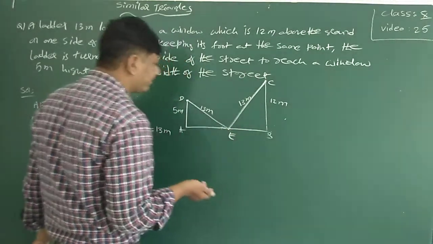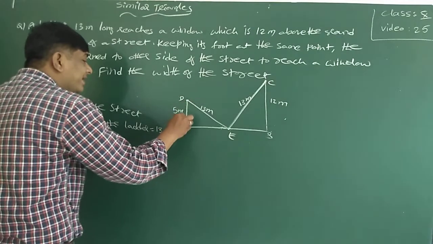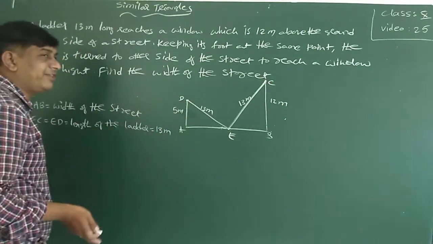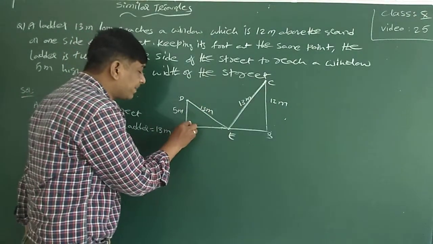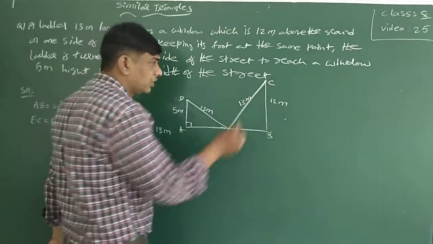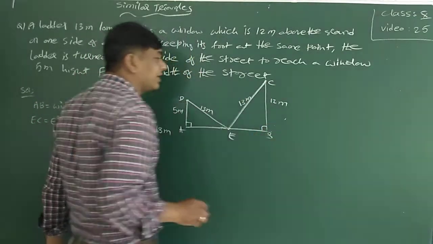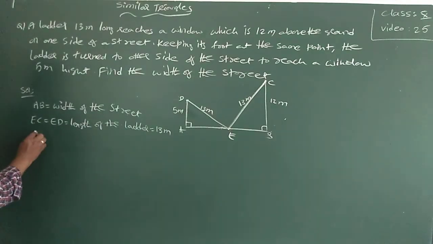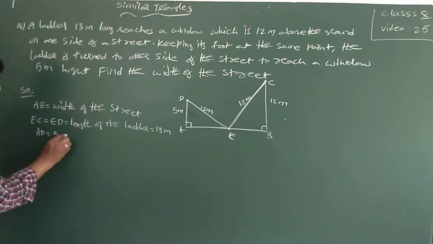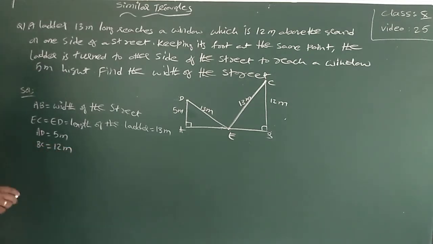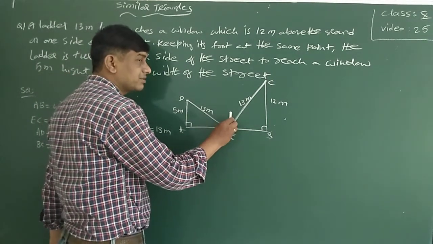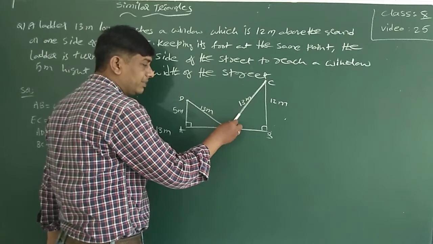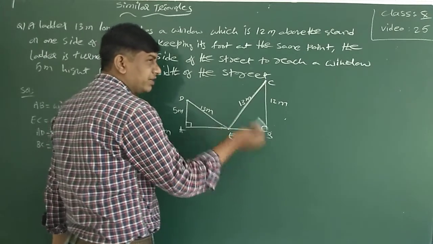If you add them, you will get it. The window will be placed on a wall, and that wall is perpendicular with respect to the ground. Here also the wall is perpendicular with respect to the ground. AD is equal to 5 meters and BC is equal to 12 meters. The position of the ladder is not changing, fixed one.